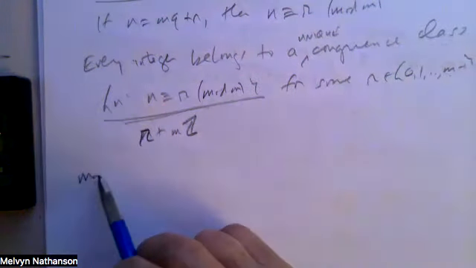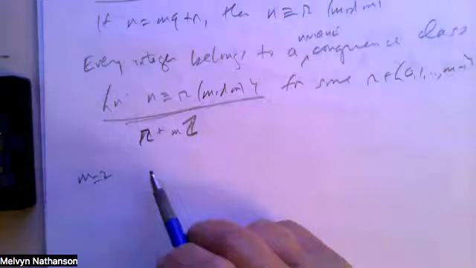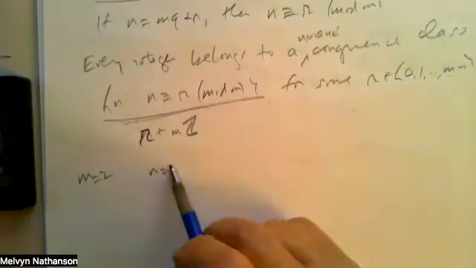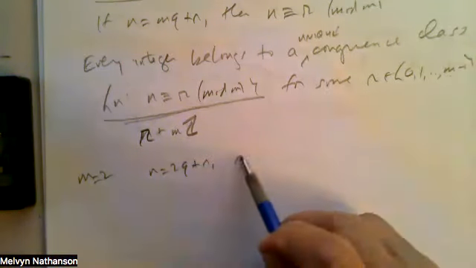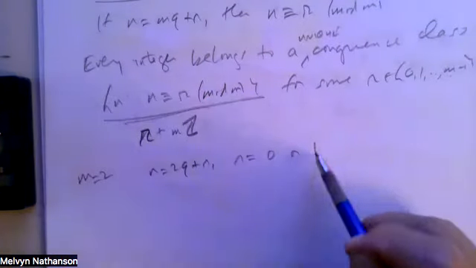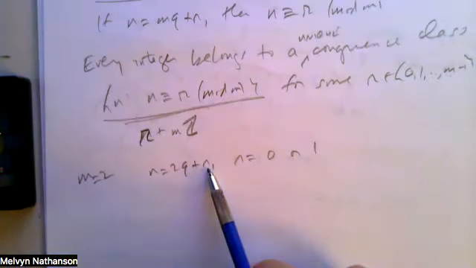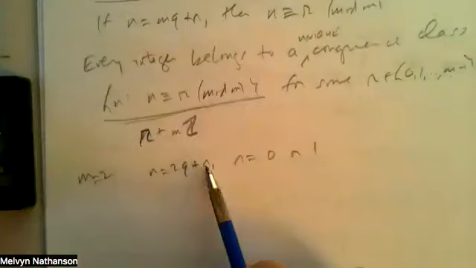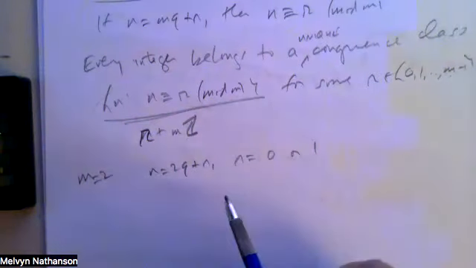So for example, if m equals 2, every number is 2q plus a remainder, where r is 0 or 1. r is 0 if the number is even, and r is 1 if the number is odd.